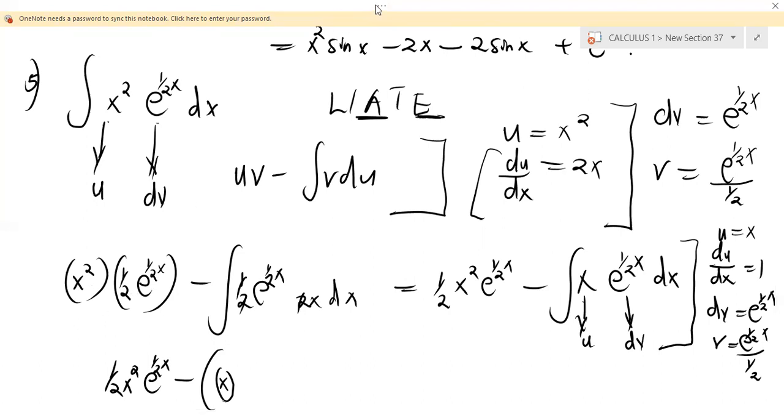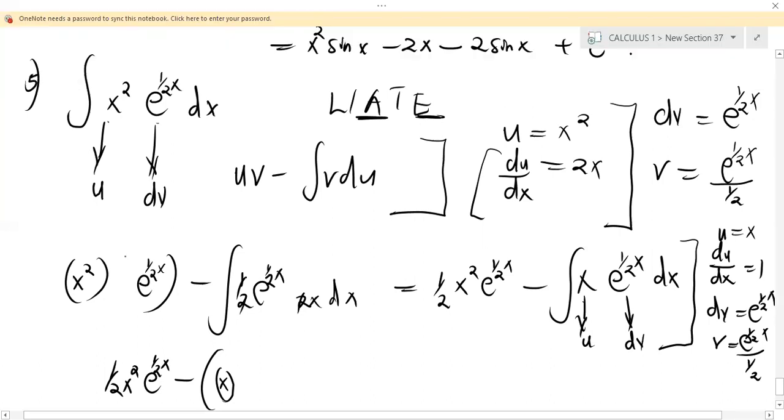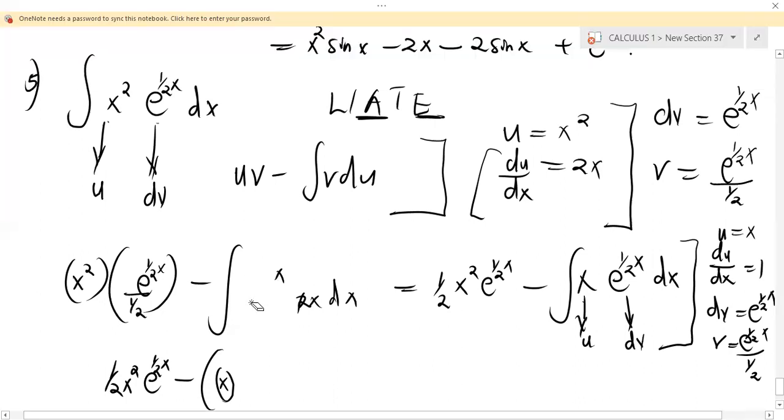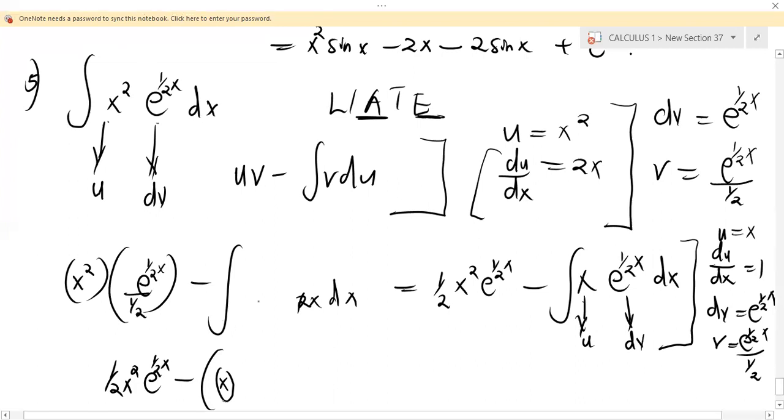Our v here as well was supposed to be over a half. So all this over a half, and here as well, our v is exponential a half x over a half. So this 2 will remain, because 2 divided by a half will give us a 4.